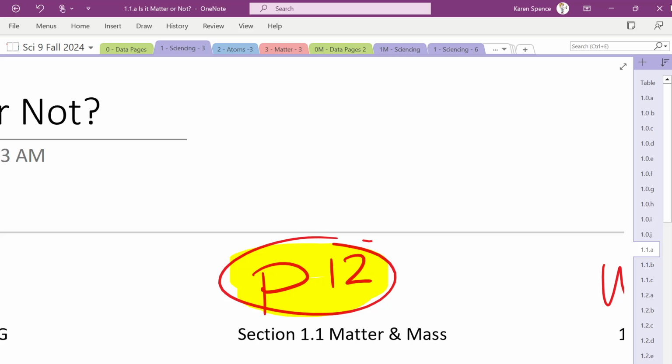Okay. So you're going to take your workbook. And if you put it away, you're going to take it out again. And you're going to turn to page 12.